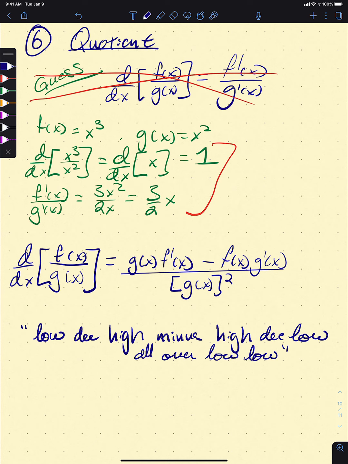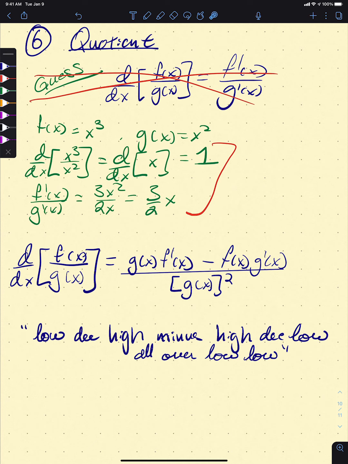This is how it was presented to me, without tune, without melody, without anything. And this tells you what to do. You write low, you take the derivative, or D high, minus high D low, all over low low squared. Again, I have no idea how he sang this.